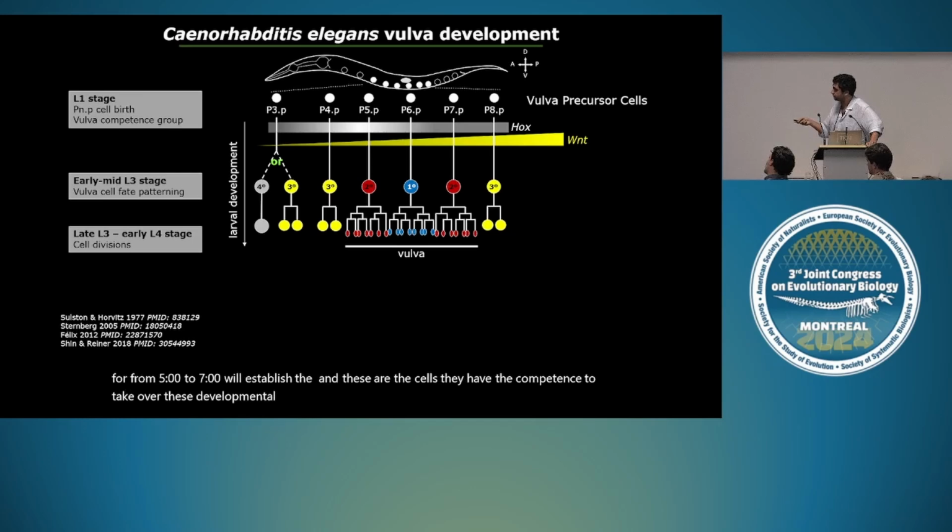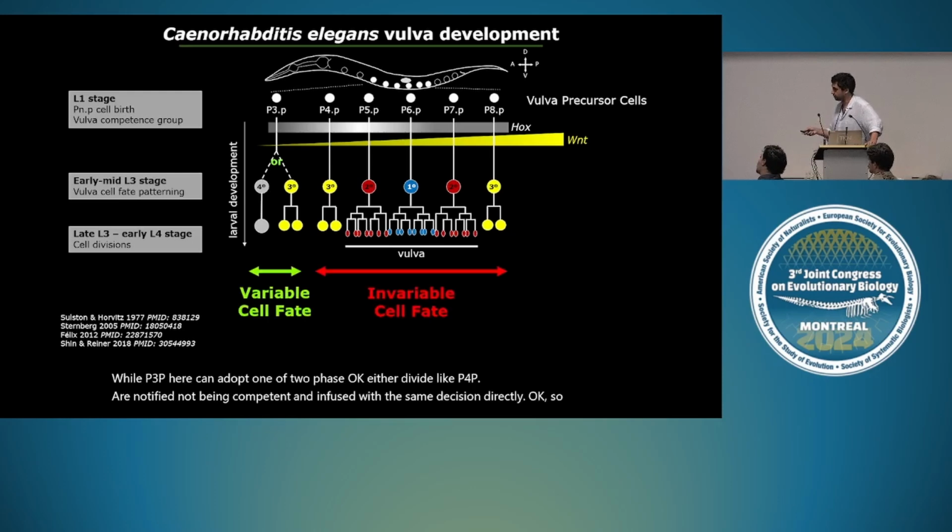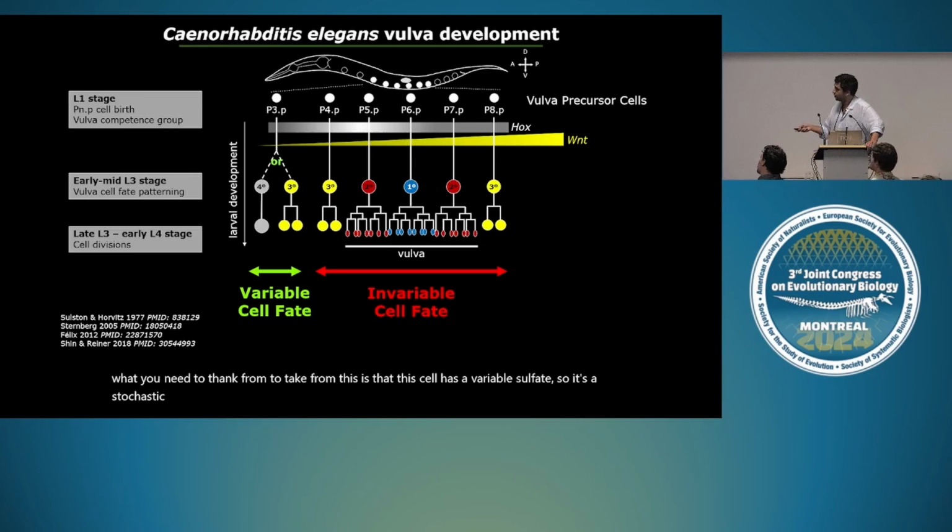Here P4.p and P8.p will divide one time and fuse with the syncytium, while P3.p can adopt one of 2 fates, okay? Either divide like P4.p, or not divide, not be competent, and fuse with the syncytium directly. What you need to take from this is that this cell has a variable, stochastic cell fate, while these other cells have invariable cell fates.